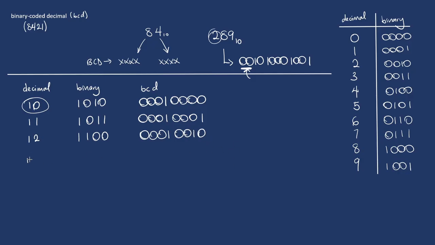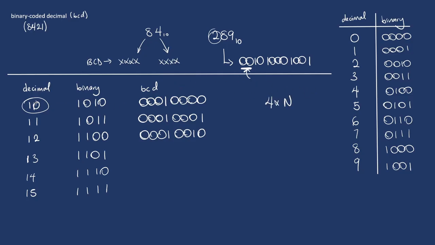So it's important to know that the rest of the binary digits, 13, 14, and 15, that's 1101, 1110, and 1111, the rest of the binary digits from 10 to 15, that is after 9, are not permitted. They are not allowed when working with binary coded decimal because the number of bits in BCD is going to be 4 times the number of digits in decimal.